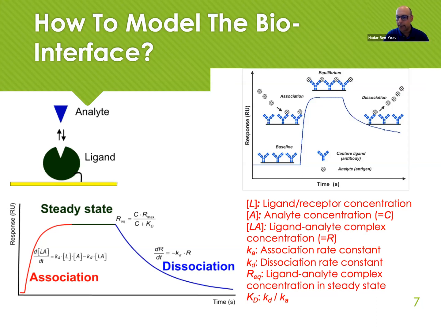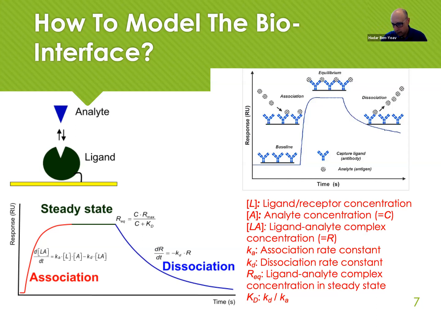It's like an antibody, and all the antibodies are bound to the surface. They are not connected to any analyte. Okay, so we have some kind of response because you don't have zero response, you always have some background response, but it's constant because there's no binding.